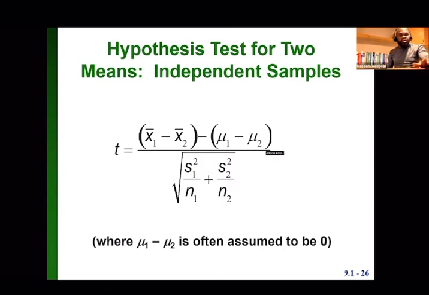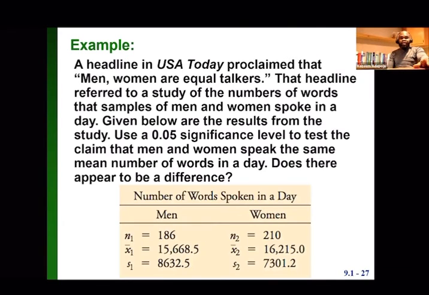Now, let us look at an example. A headline in USA Today proclaimed that men and women are equal talkers. That headline refers to a study of the number of words samples of men and women spoke in a day. Given below are the results from the study.